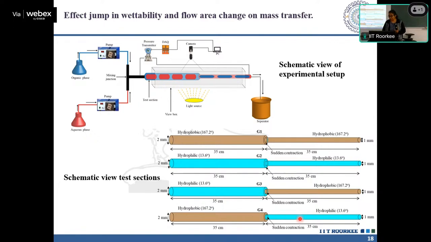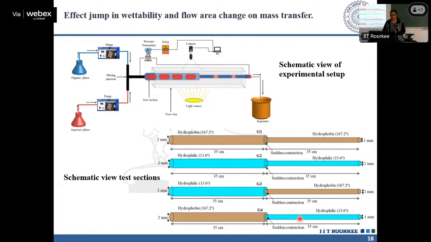So what is the idea? From the first study, we concluded what type of geometry is enhancing. From the second part of the study, we are trying to see what combination of wettability can induce further local turbulence in the setup, which could enhance the mass transport.